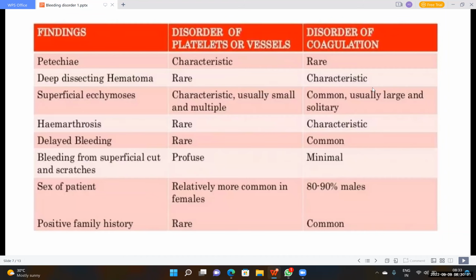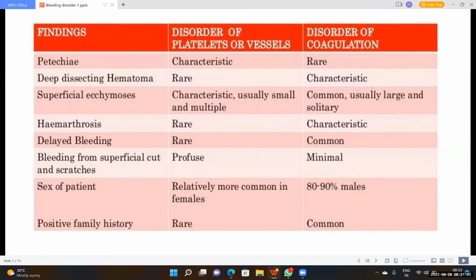Now, there are certain differences which we can find between the platelet disorders and the coagulation disorders. In the platelet disorders, we will find petechiae as a characteristic feature. Superficial ecchymosis we can have. Usually, these are small and multiple, while in coagulation disorders, these superficial ecchymoses are large and usually solitary. We will find hematoma in case of coagulation, which is rare in platelet disorders.